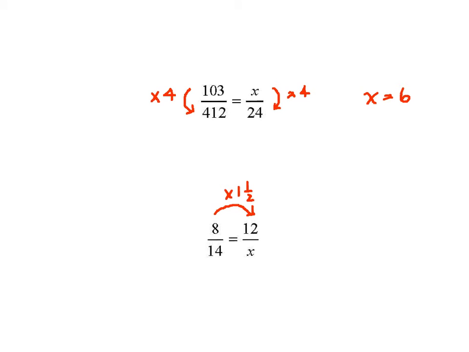So that must mean that x is 1.5 times 14. 1.5 times 14 is 14 plus 7, which is 21. So that's what x is. So again, you can solve a proportion by looking at the vertical pattern or by looking at the horizontal pattern.